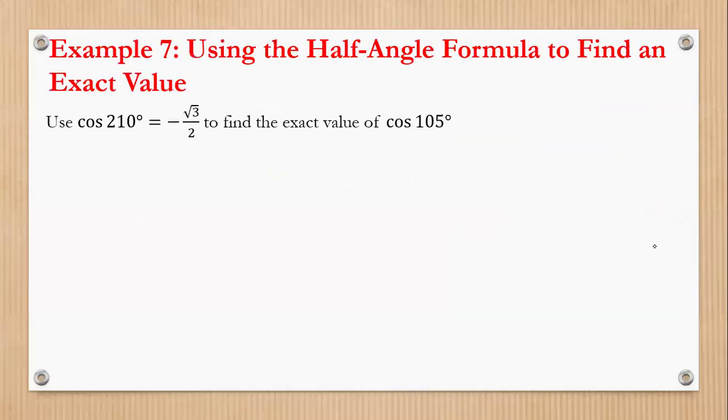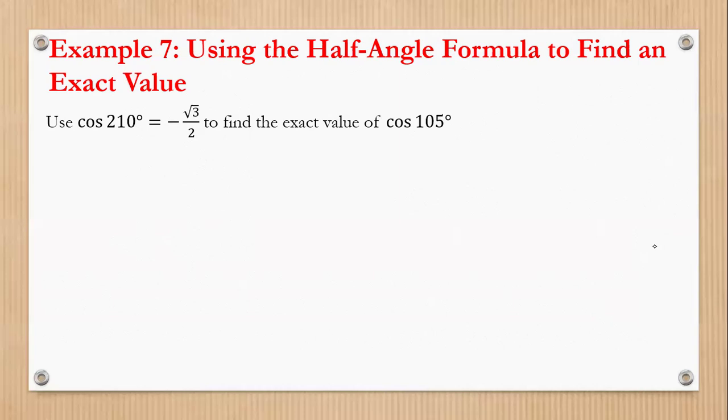For example, we have the cosine of 210, which is negative root 3 over 2, and they are asking us to find the cosine of 105. I know the cosine of 210, but I have no idea what the cosine of 105 is. But something that I know is that 105 is exactly half of 210. So it means that I can use half-angle formulas.